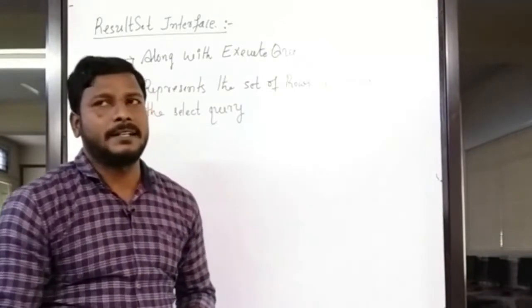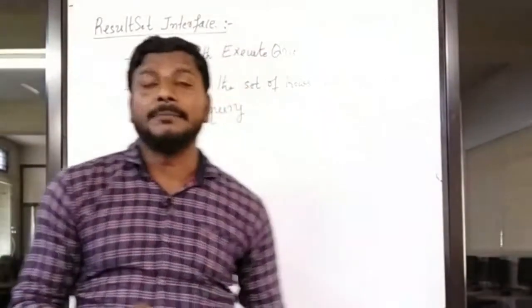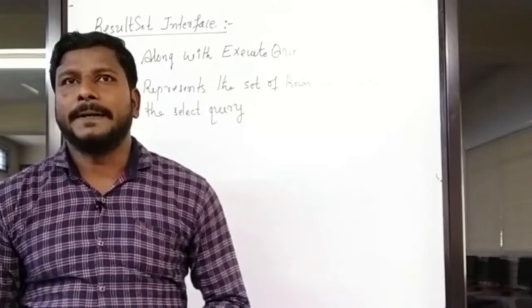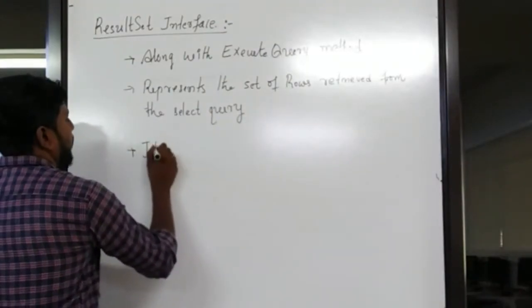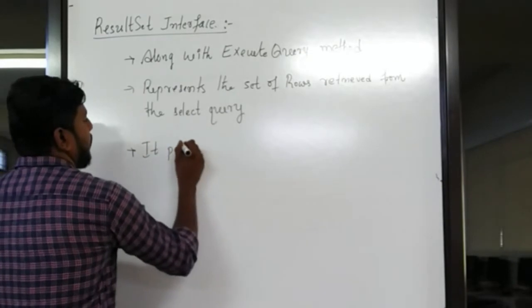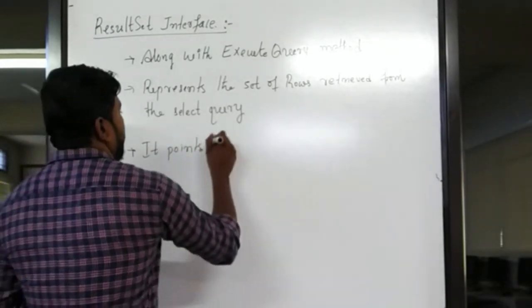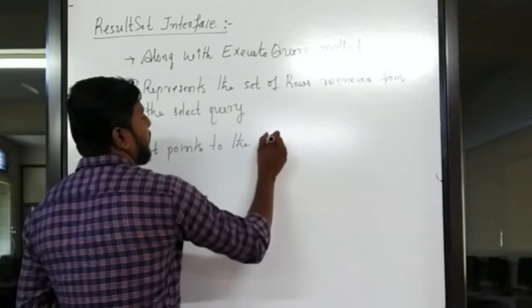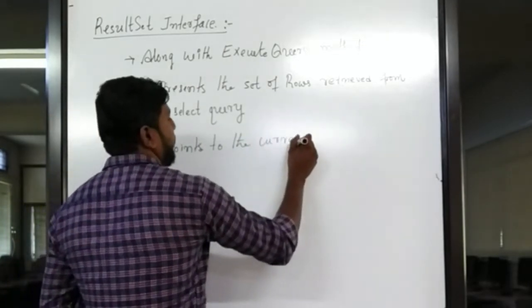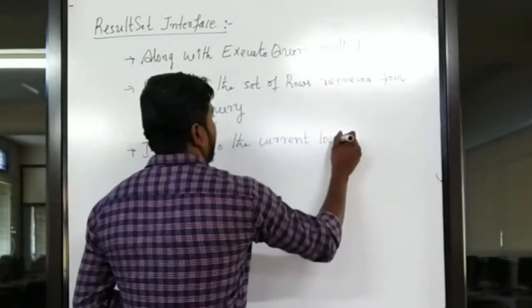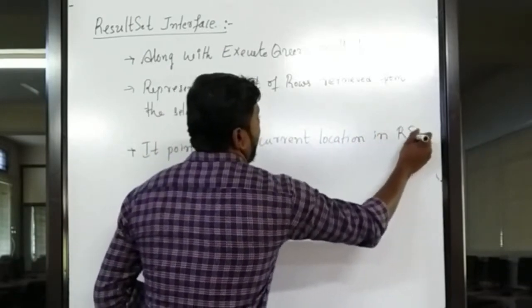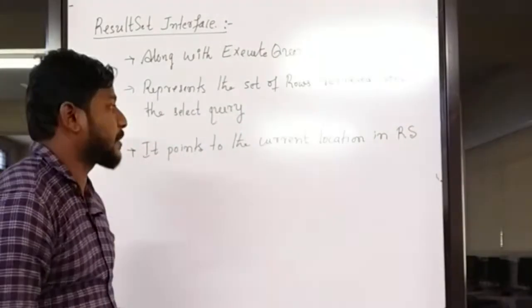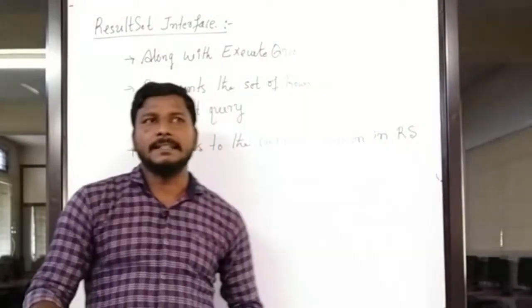It represents a set of rows retrieved from the select query you executed, and it points to the current location in the result set. I will tell you how it manipulates the data in the result set.